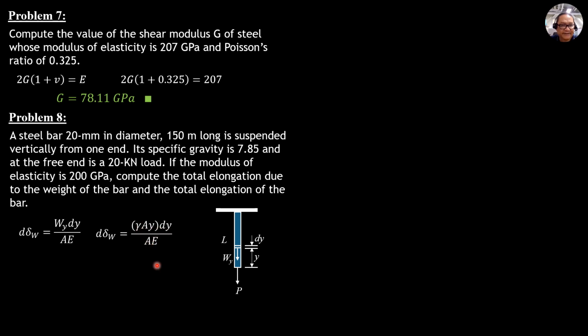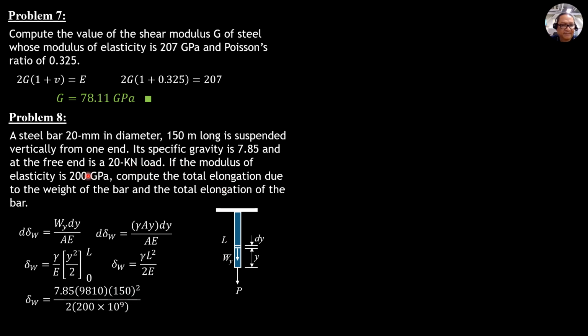We can cancel area, and therefore the deflection due to the weight is equal to gamma over E times the integral of y dy, which is y squared over 2 from 0 to L. So the formula would be gamma L squared over 2E. Substituting, gamma is 7.85 times 9,810, length is 150 meters squared, divided by 2, then divided by E.